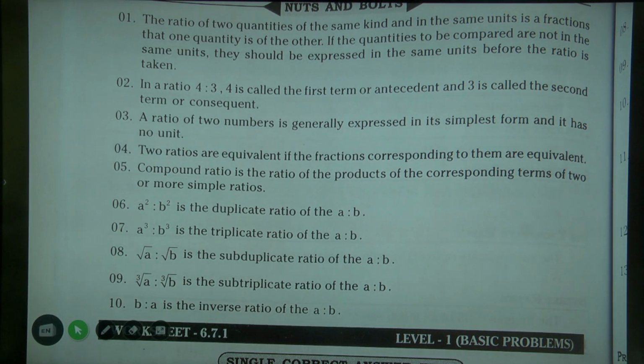So points 6, 7, 8, 9, 10 are a little different for us: duplicate, subduplicate, triplicate, subtriplicate, and then the above ones: antecedent, consequent, compound ratios, simplest forms, and all. Once you go through, we'll start within 2 minutes. Objective type. You revise the points once. Objective in the sense of basic problems, not a little advanced. Basic problems only we'll see.